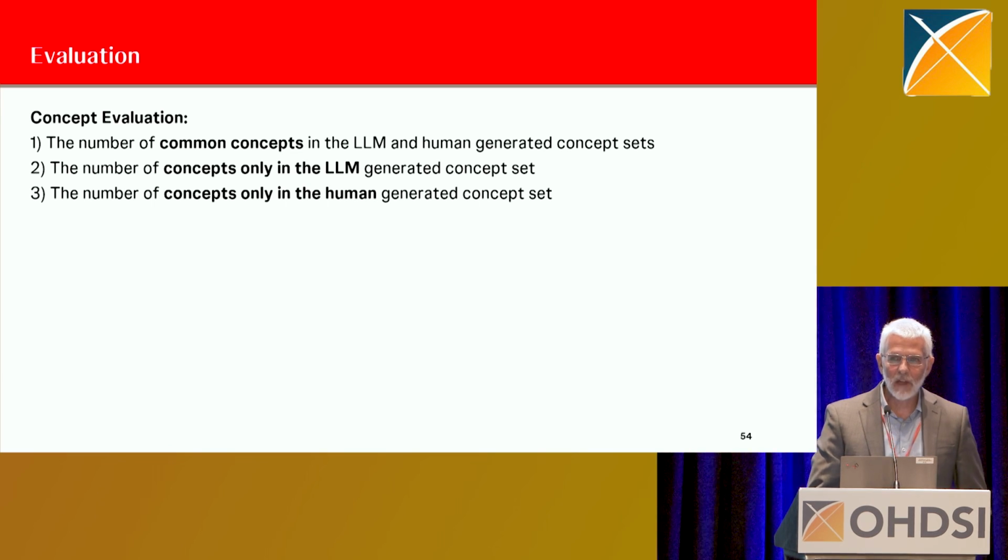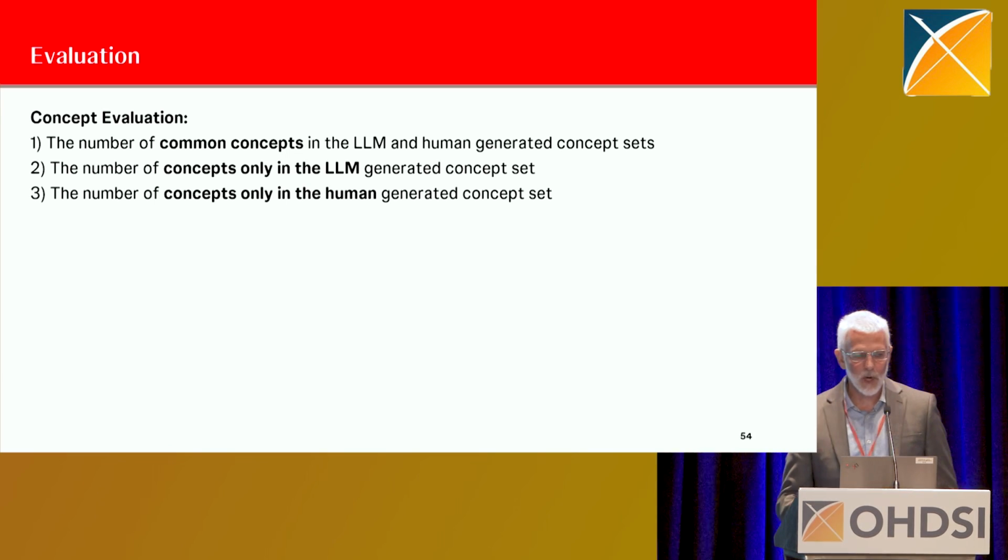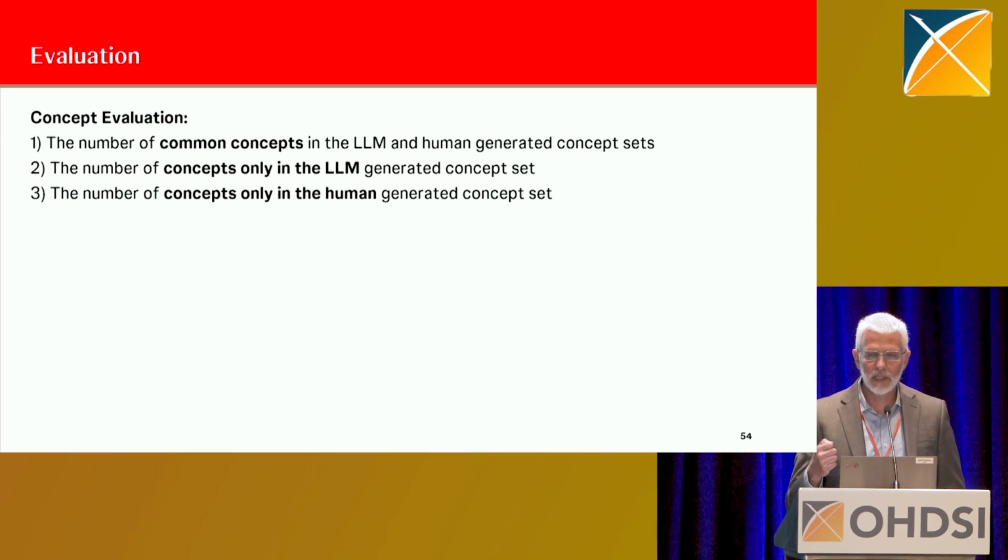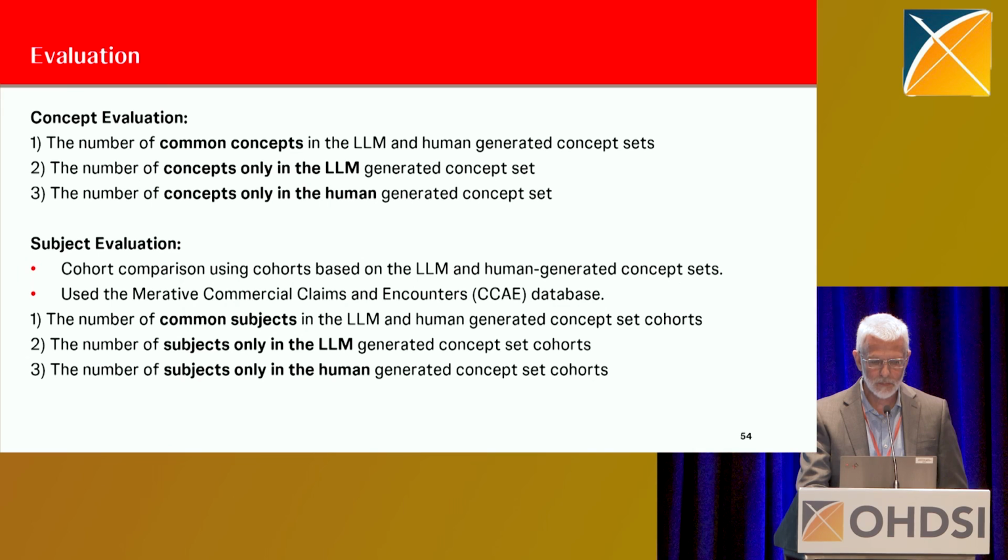We did a couple of evaluations. Our first evaluation was for concept evaluation, and we looked at 3 things. We looked at the concepts that were in common between the LLM and the humans, the number of concepts that the LLM generated that the human did not suggest, and the number of concepts that the human suggested that the LLM did not suggest.